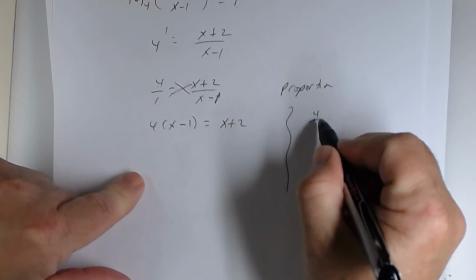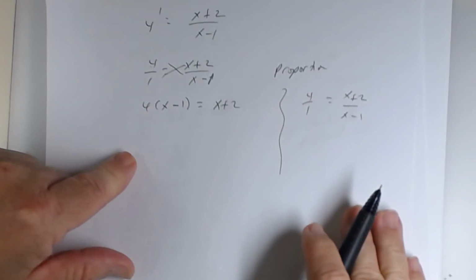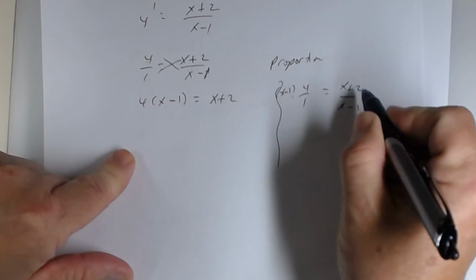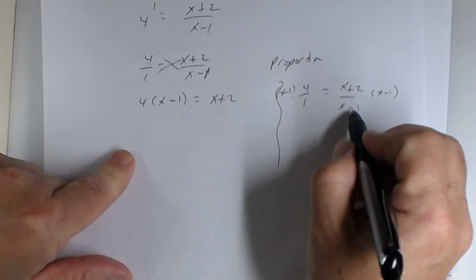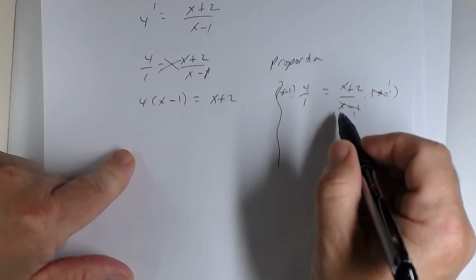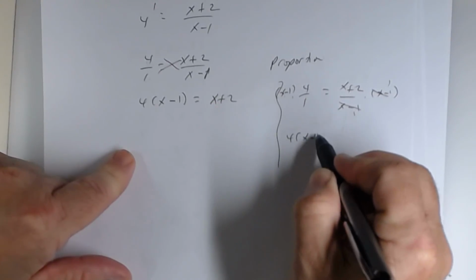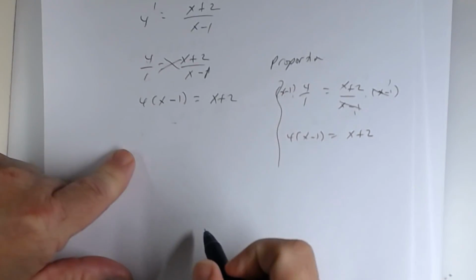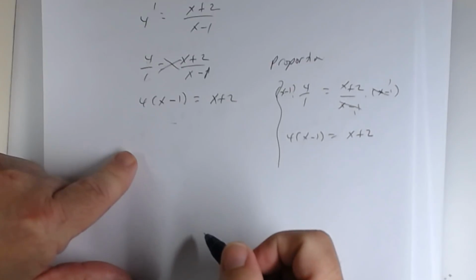So you get 4 over 1 equal x plus 2 over x minus 1. What's the LCD? X minus 1. So you say times x minus 1 on both sides, right? And then the x minus 1s divide out. And so you get 4 times what? 4x minus 4, which is what this is. So it doesn't matter what approach you take.